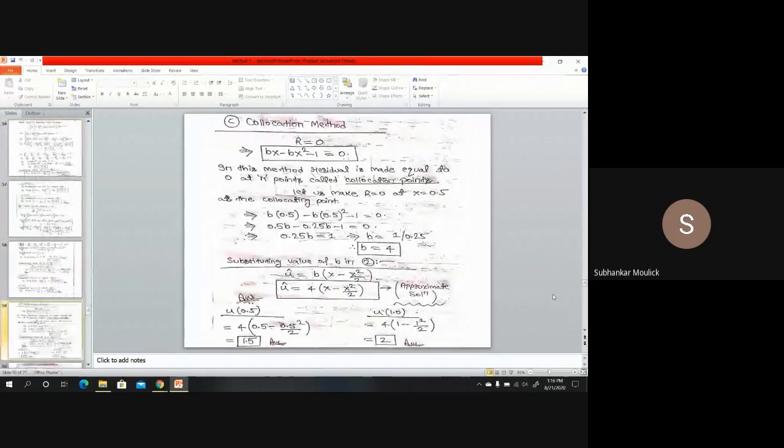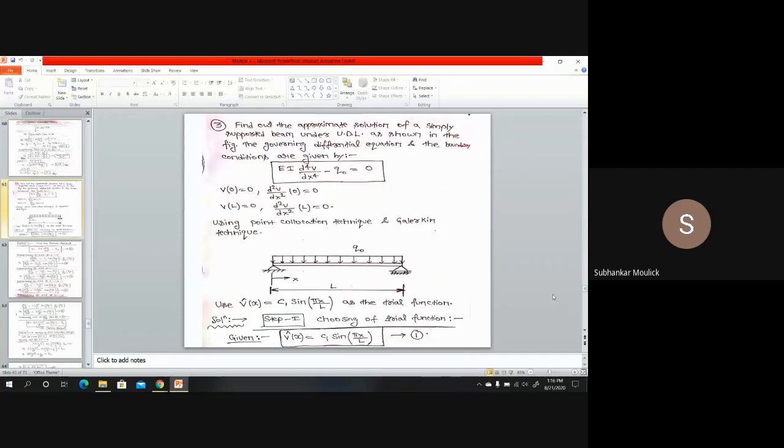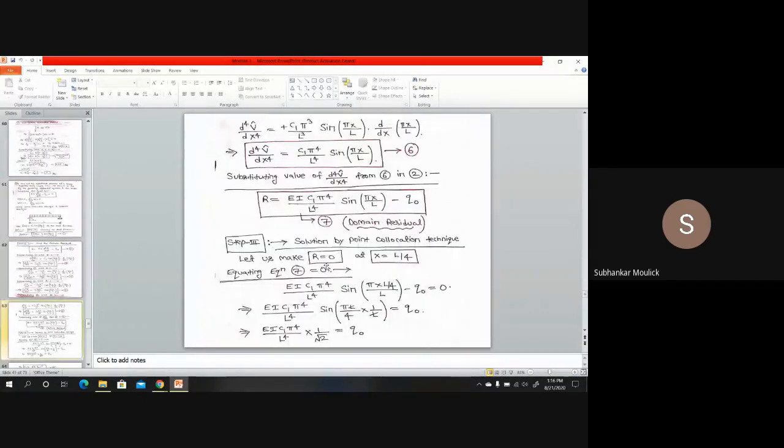So let us start the class from where we left off. In the last class, we were discussing the third problem, and we have done till equation number 7. That means we have calculated the value of the domain residual for this problem.